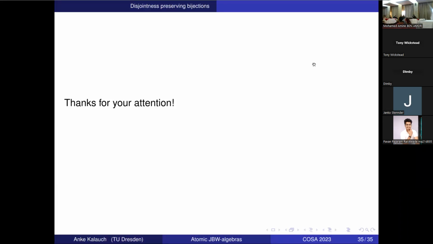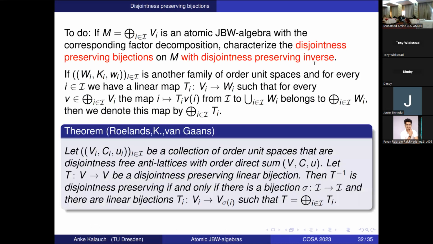Thank you. Can you go to slide 32? I think it was, yeah, here, in the theorem here, when T goes from V to V, should that be from V to W? Because in the theorem here you say you have... But can you get a version where T goes from V to W?